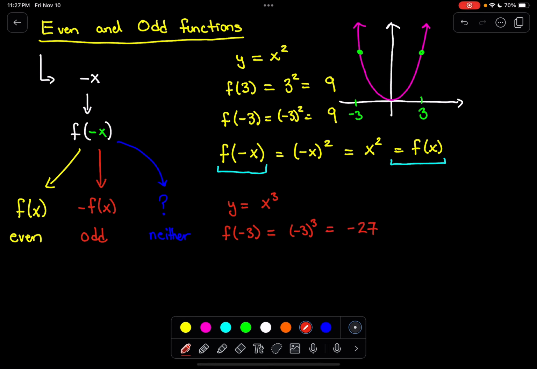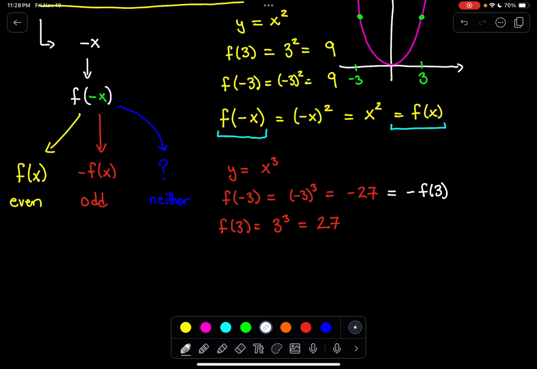And if I had put in a positive 3, I would get positive 3 cubed, which is equal to positive 27. And so you'll notice that this negative 27 is the negative version of what I would have gotten if I put in a positive 3 in the first place. And so this is how this is an odd function.